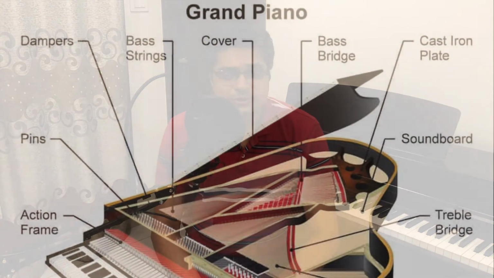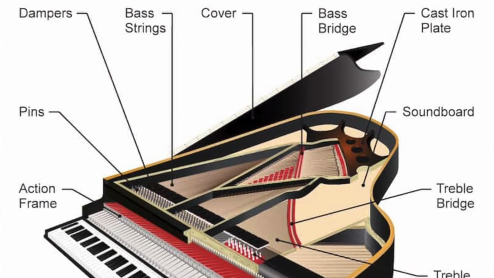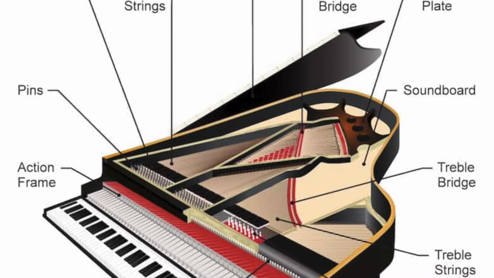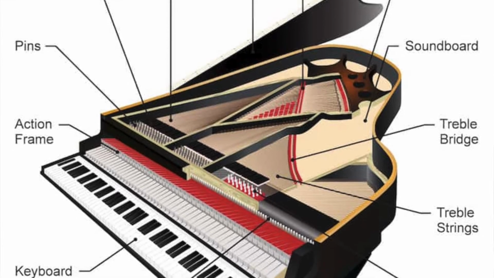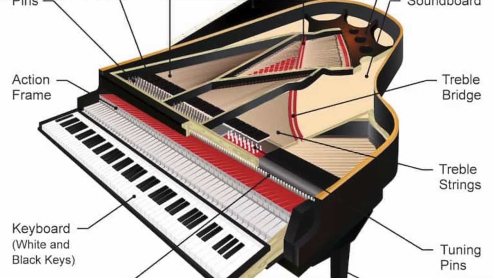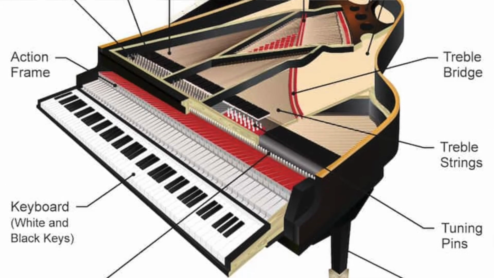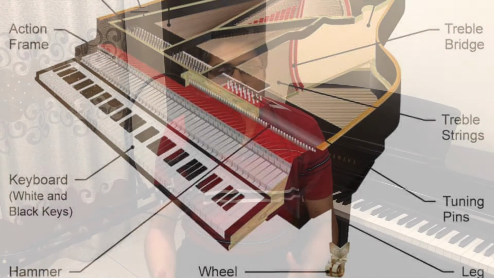This picture shows the construction of a grand piano. The grand piano typically consists of a soundboard which has a cast iron frame. There are strings which run over the cast iron frame and they have a tension which helps to create the sound. The cast iron is responsible for bearing the huge amount of stress that all the strings in the piano produce.